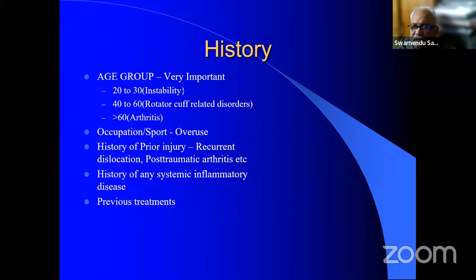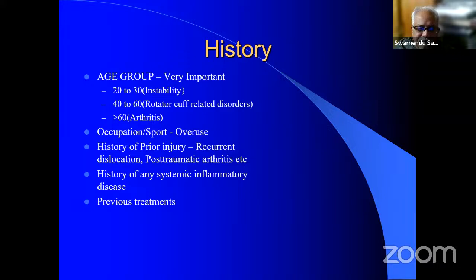Remember, whenever we take the history for the shoulder, the age is very, very important. Because from 20 to 30, mostly these people will be coming with either a problem of instability, or some problem with the biceps or SLAP lesions. From 40 to 60, there will be degenerative problems, and also some cuff related issues. More than 60, there will be cuff related issues itself, and also some arthritic problems.